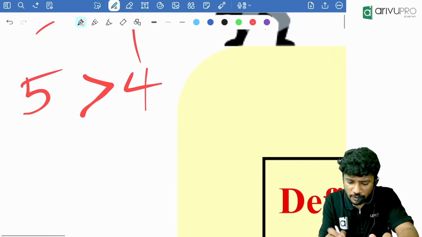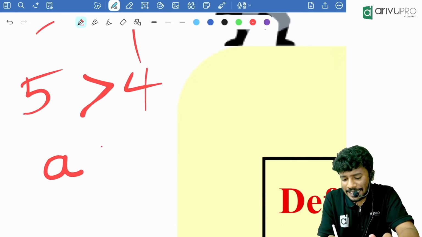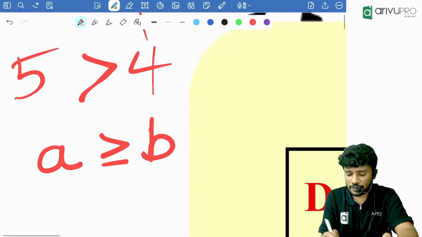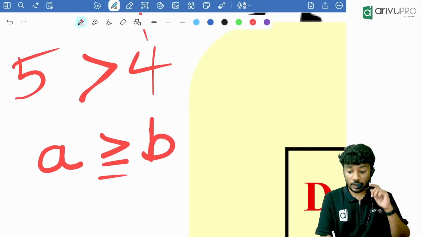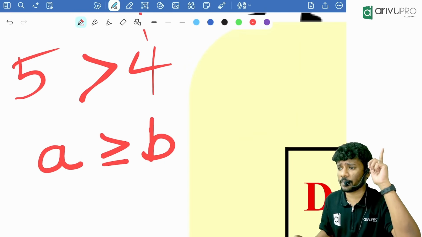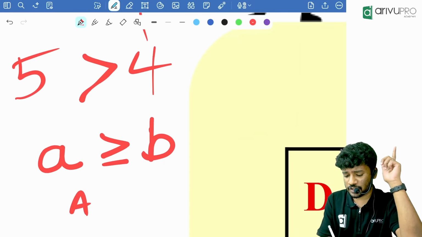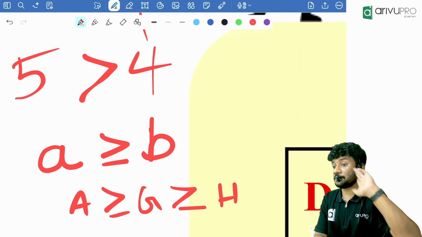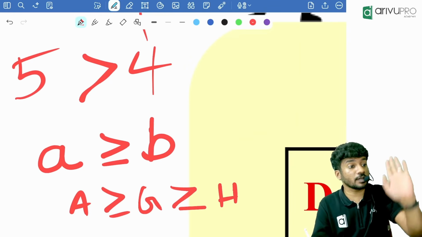Now, one more question to everyone. People, I am telling A is greater than or equal to B. What is the new symbol we have introduced now? Greater than or equal to. Do you remember somewhere else we have used this symbol long back, when I said AM is greater than or equal to GM, greater than or equal to what? HM. We told that long back in chapter number 14.